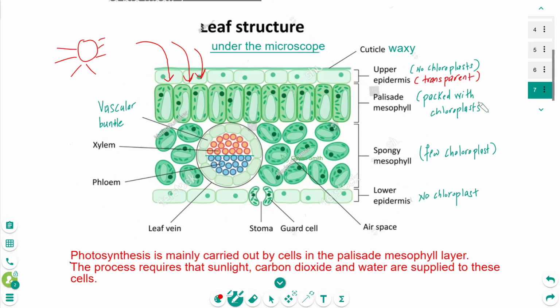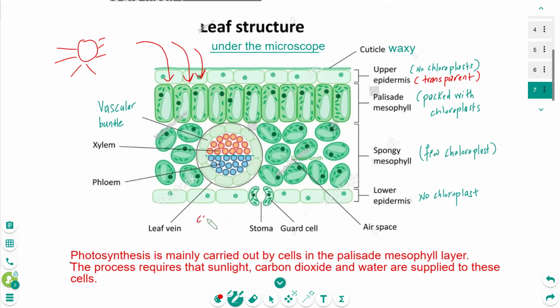That would explain why it's not an issue that as soon as the sunlight falls on the leaf, it is going to pass through the upper epidermis cells and easily get to the palisade mesophyll cells, because these cells are transparent. All right. So sunlight is not an issue for the palisade mesophyll cells to get. You don't have to draw this on your diagram, all right?